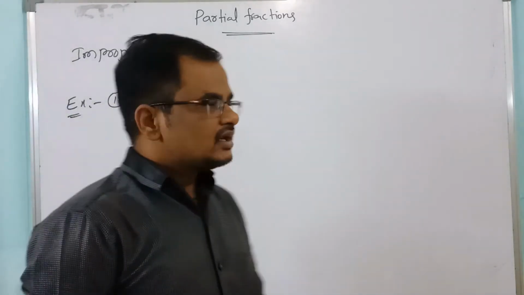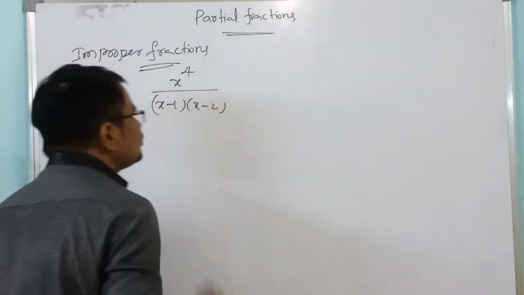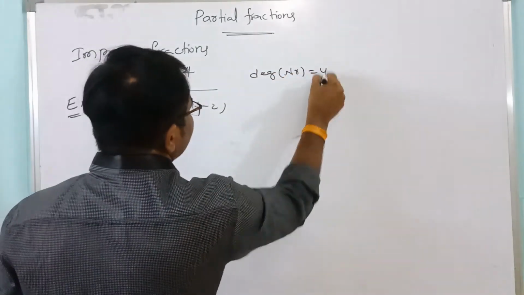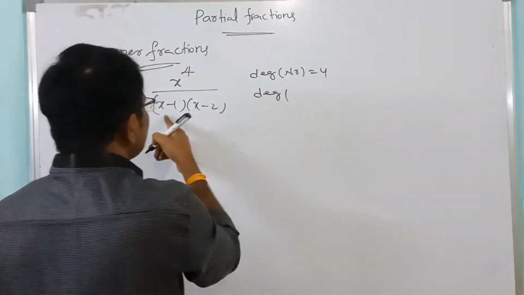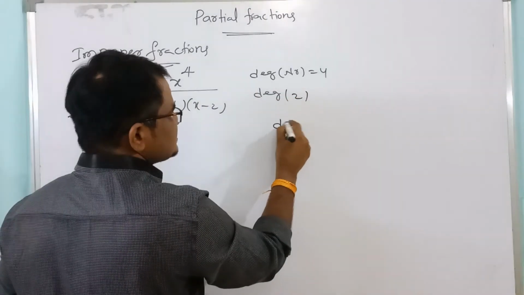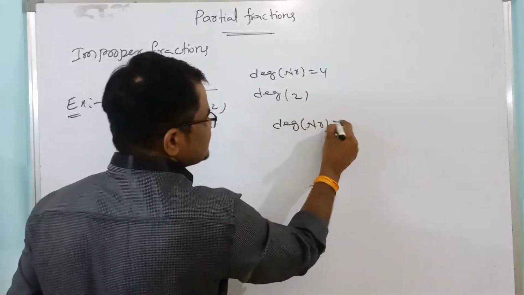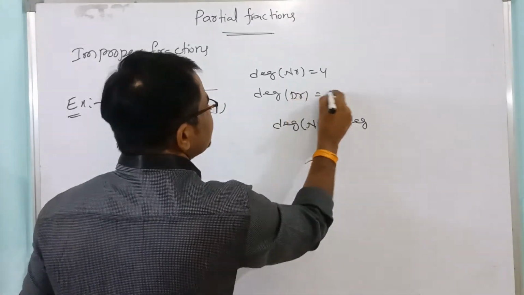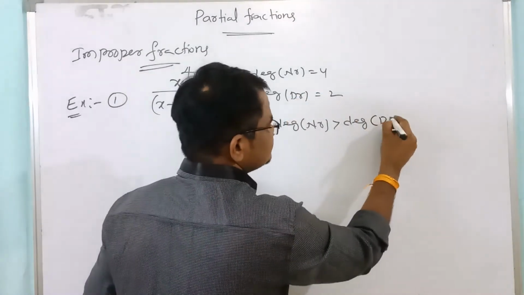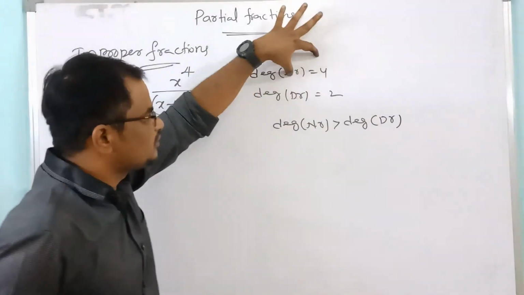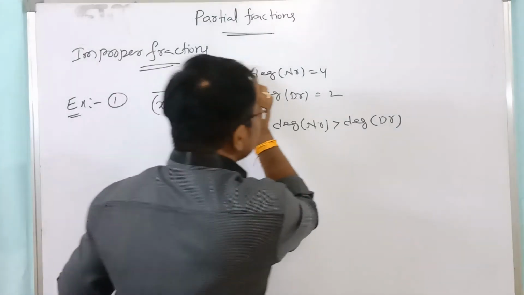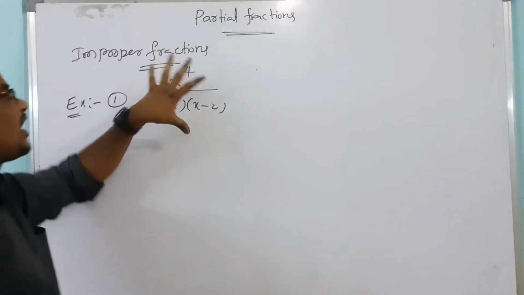So observe, the degree of numerator is 4 and the degree of denominator is 2, so the degree of numerator is greater than the degree of denominator. So that's why it is an improper fraction.